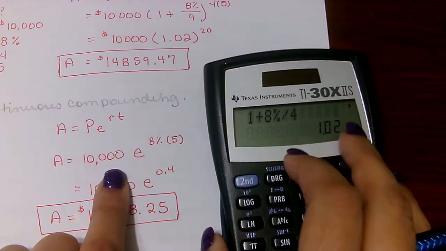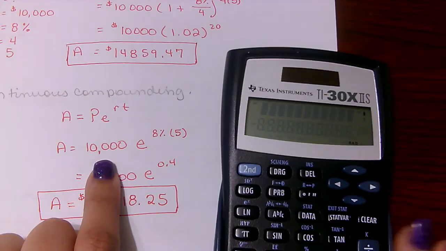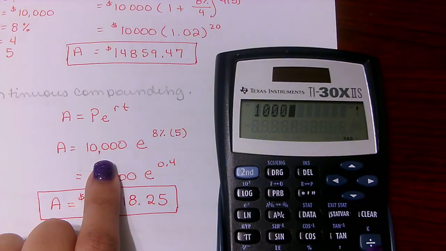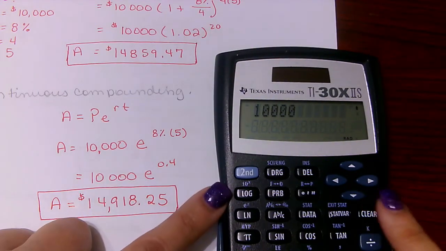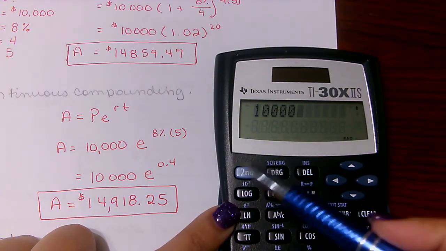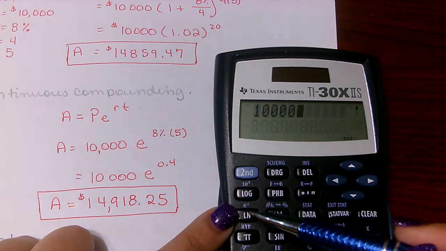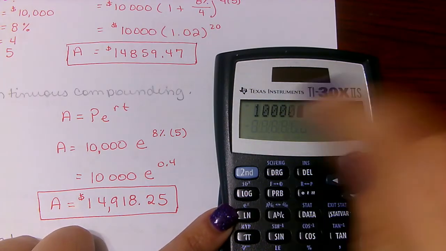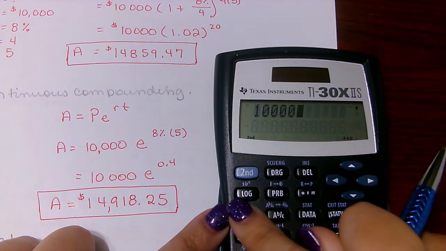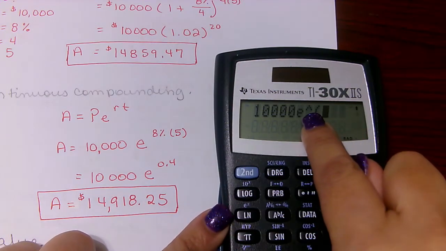Let's go ahead and put this one in the calculator. I'm going to start off with my principal, which is $10,000. E is going to be located right here next to the natural log button. We're going to hit the second first and then the LN. That will give us the e.